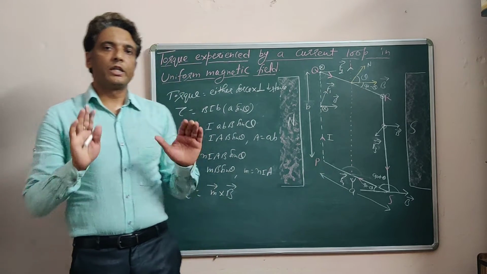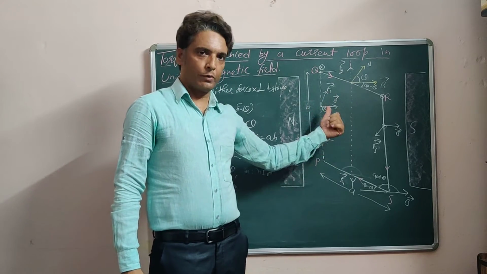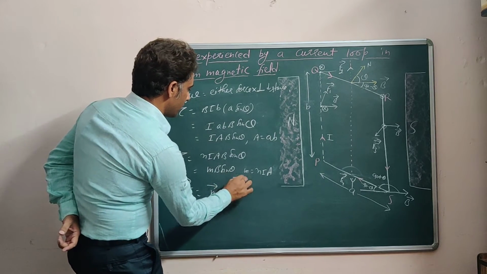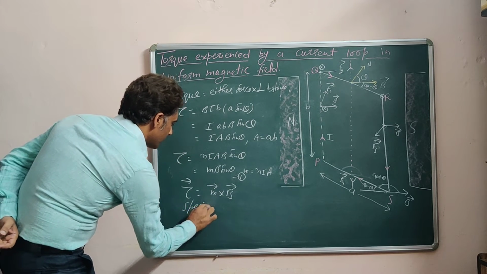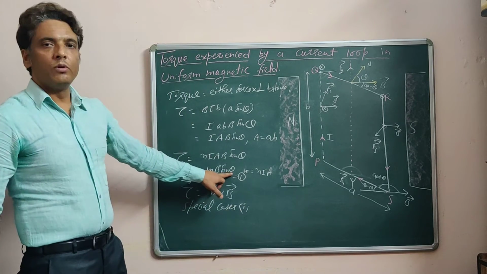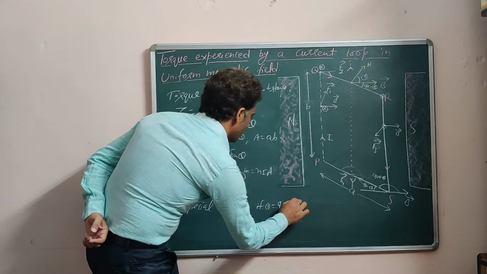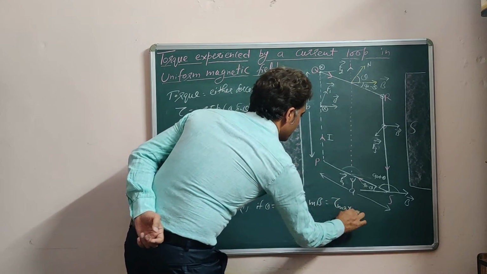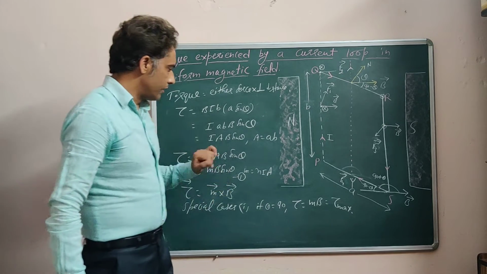Now, under what condition is the torque experienced by a current carrying coil in a uniform magnetic field maximum and minimum? We can see from this formula. Let this expression be number 1. In special cases, if theta is equal to 90, then torque is equal to MB, and that is the maximum torque, because sine 90 is equal to 1, the maximum value of sine.